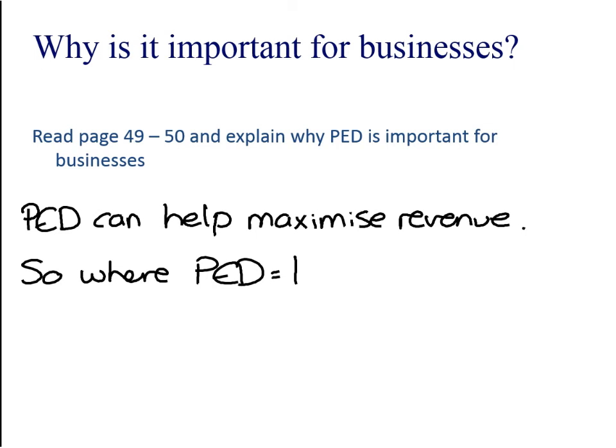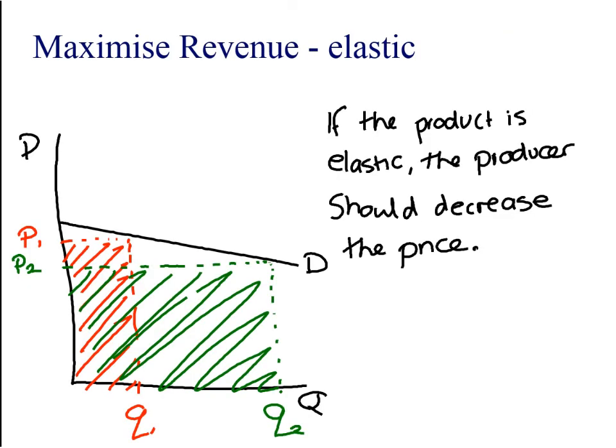So sometimes maximising revenue is a little bit easier to do. So where PED equals 1, or technically speaking, -1, that's where revenue would be maximised. Okay, so you want to get it towards 1, really, to maximise your revenue if that's your aim as a business.